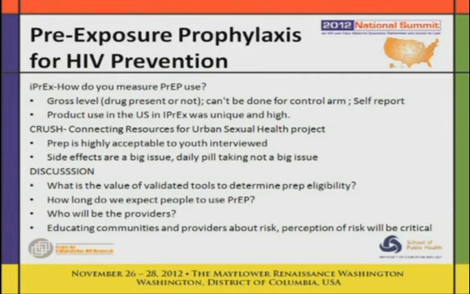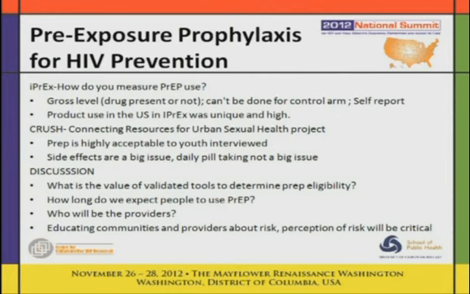We also looked at one of the signal trials in PrEP, iPrEx, and how we measure PrEP use. Again, going back to, adherence is destiny. There are many ways we could look at the gross level of drug to see what's present, but that's very difficult. Self-reports are unreliable.